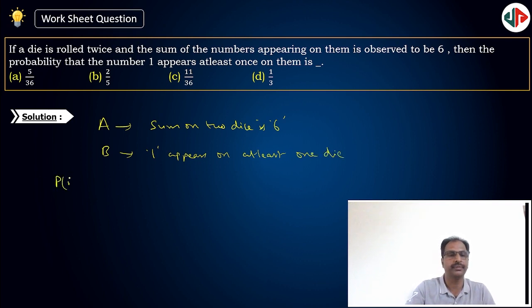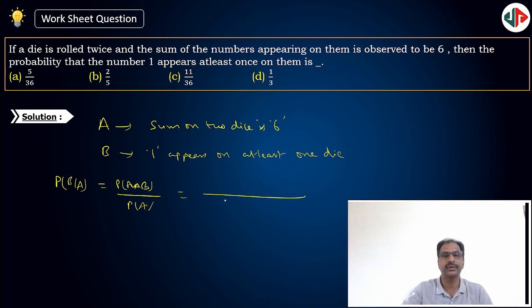So, you define P of B given A, which is P of A intersection B by P of A. What is the probability of getting sum on two dice as 6? 5 by 36. A intersection B means sum should be 6 and 1 should appear on at least one die.